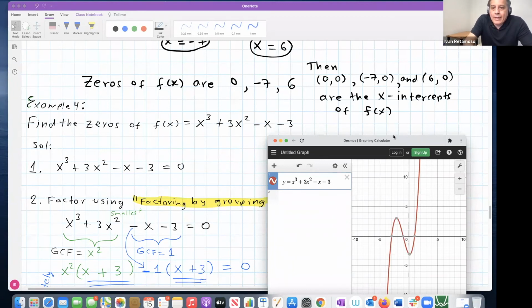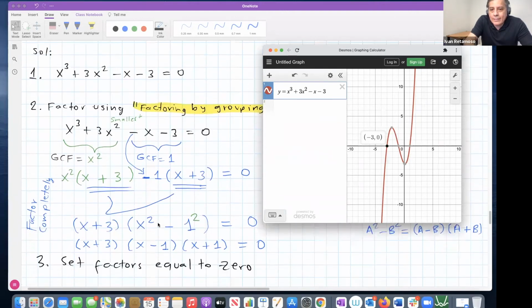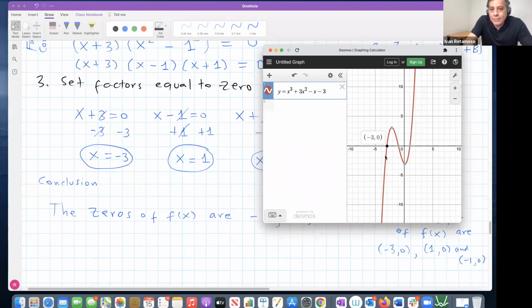A better behaved graph, right? The other one went out of our scale, but this one you can clearly see is showing that the first x-intercept is -3, 0, as we stated here, right? Second x-intercept, -1, 0, is here.